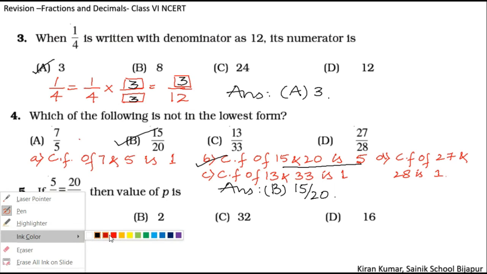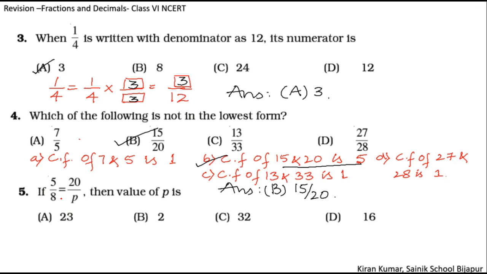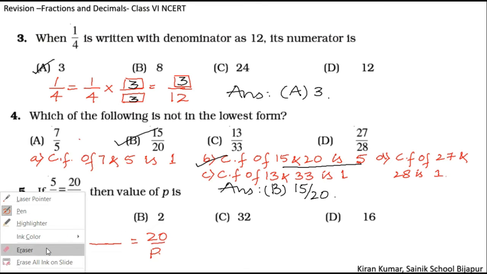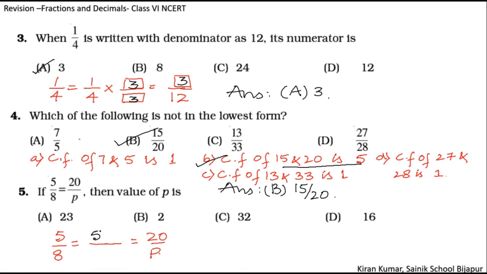Next, question number 5. If 5 by 8 is equal to 20 by P, then what is the value of P? In such cases, we have to write 5 by 8 equal to, I will leave a blank there, then followed by 20 upon P. Here 20 is obtained by multiplying 5 with 4. 5 4 times is 20.